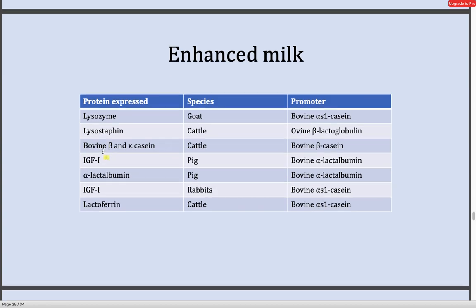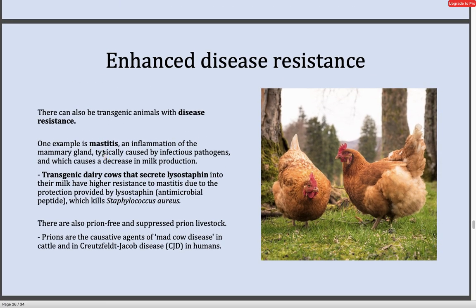Right, so enhanced disease resistance is also a big thing. So in the example up here, I talk about mastitis, an inflammation of the mammary gland, which is caused by pathogens, which causes a decrease in milk production. But obviously, you can also think about how, in general, if there are particular pathogens which are affecting certain animals, and this is commonly seen, especially if all animals are of a certain breed, or if all animals came from a certain farm.